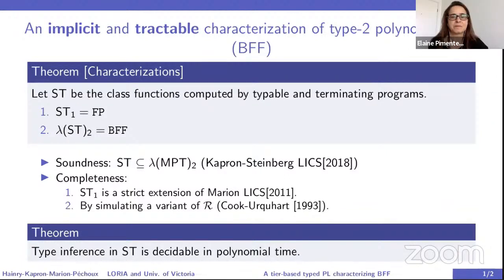I didn't say that, but in the second result, it's lambda of ST equals BFF because we need a lambda closure. If we don't have this lambda closure, the result we use from Capron and Steinberg says that the class, which in fact we characterize, is strictly included in BFF.